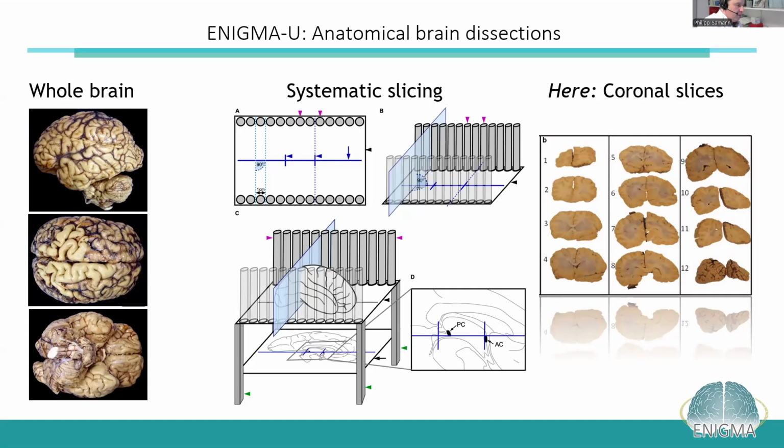So when anatomists or pathologists dissect such a brain, they try to create orthogonal slices with a parallel slicing direction. So that would allow for an optimal standardization of the diagnostic process.